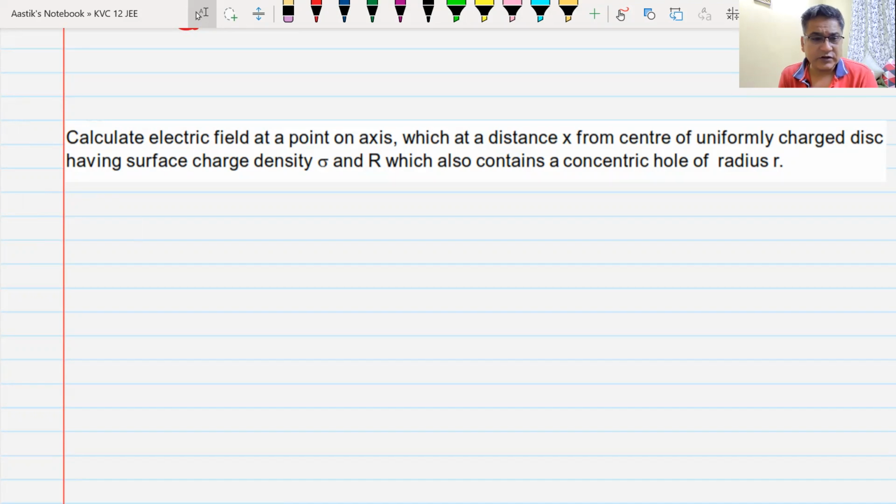Calculate the electric field at a point on the axis, at distance x from the center of a uniformly charged disk having surface charge density sigma and radius r, which also contains a hole of radius small r. So basically, this is a disk with a hole. These questions are very popular. I've seen a lot of questions in JEE Advanced where there's a disk with a hole and they put a point charge somewhere and then ask you with what velocity this point charge is going to go on that side. Once you understand how it is done, the question is pretty simple. How are you going to do this?